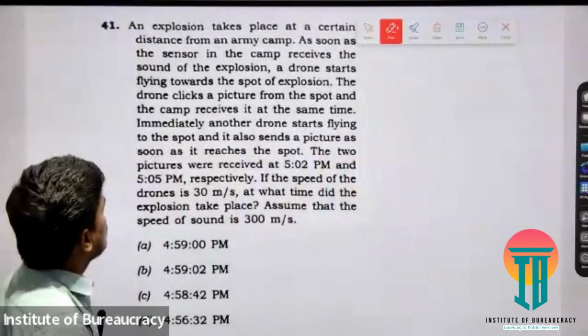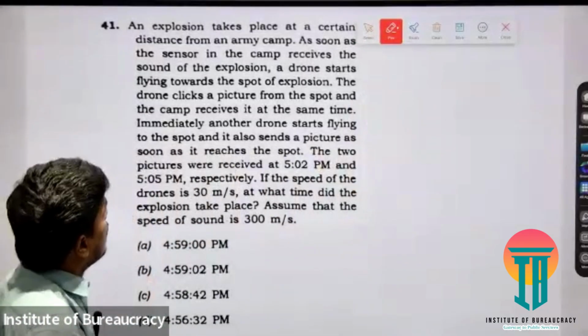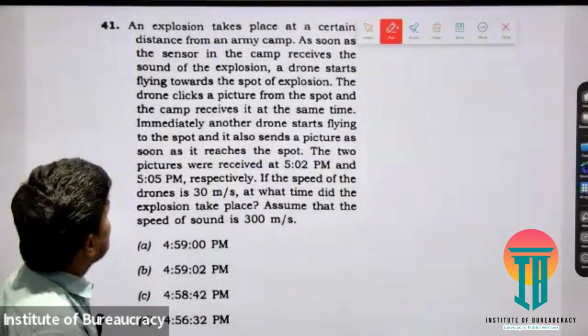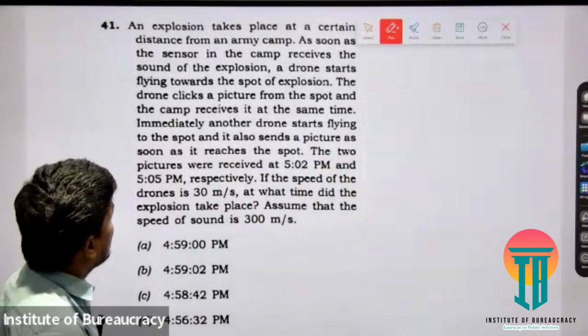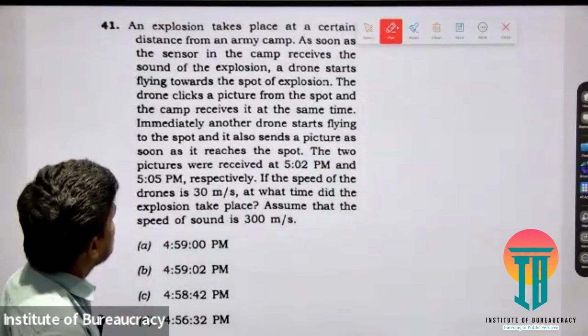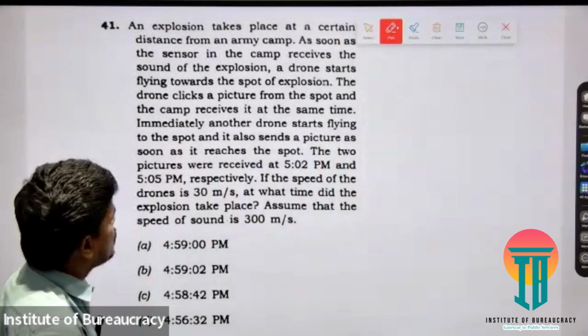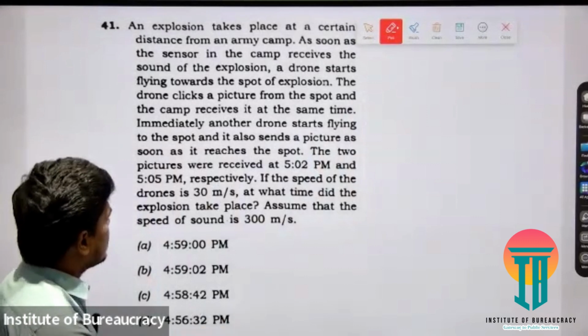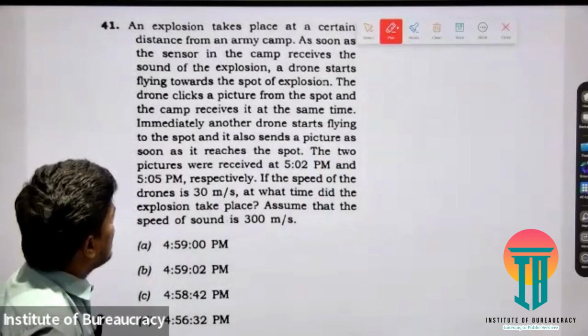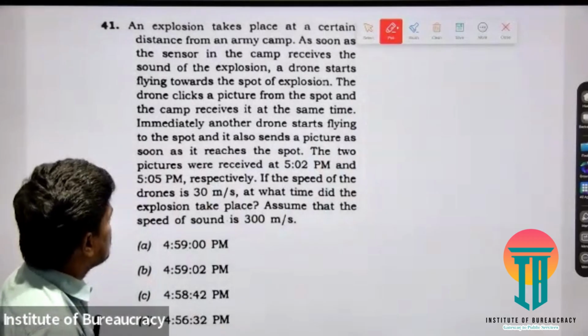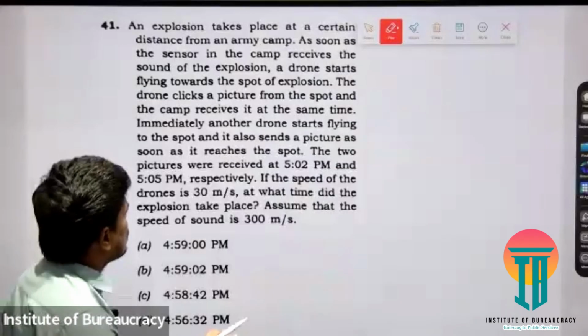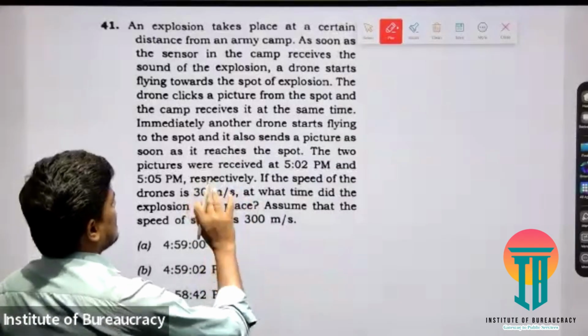When it comes to this question, an explosion takes place at a certain distance from an army camp. As soon as the sensor in the camp receives the sound of the explosion, a drone starts flying toward the spot of explosion. The drone clicks a picture from the spot and the camp receives it at the same time. Immediately, another drone starts flying to the spot and it also sends a picture as soon as it reaches the spot.